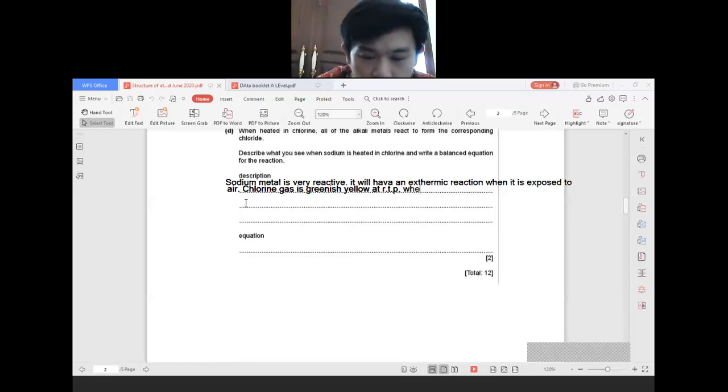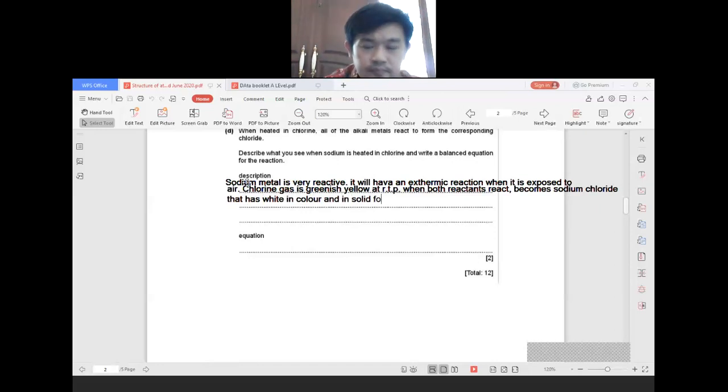When both reactants react, it becomes sodium chloride that has white color and in solid form. In bracket, white solid, different property.